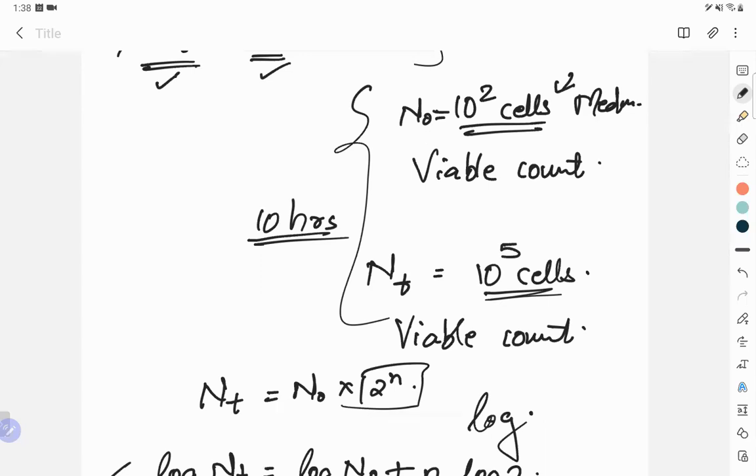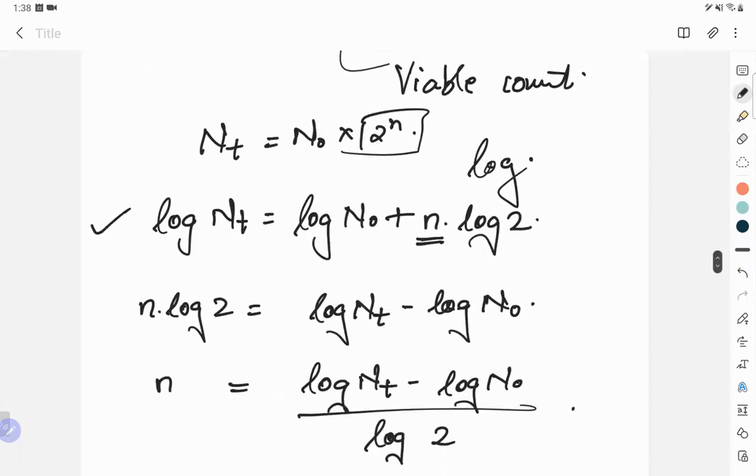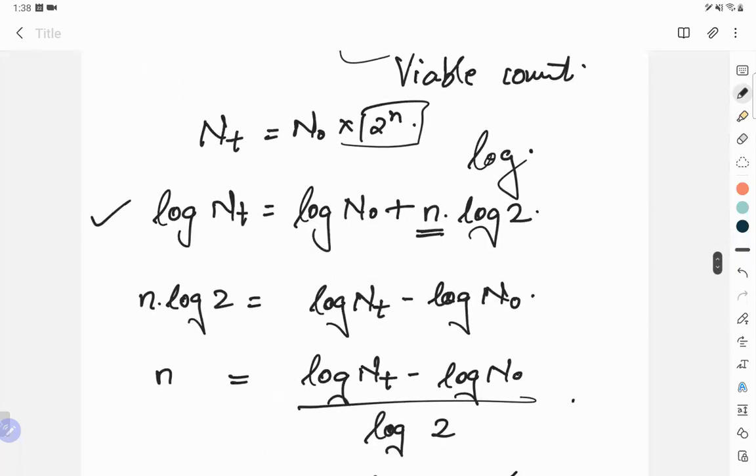Using the expression we have discussed, NT equal to N0 into 2 raised to n, you can find out the value of small n, for which you apply log. So log of NT is equal to log of N0 plus n into log 2.